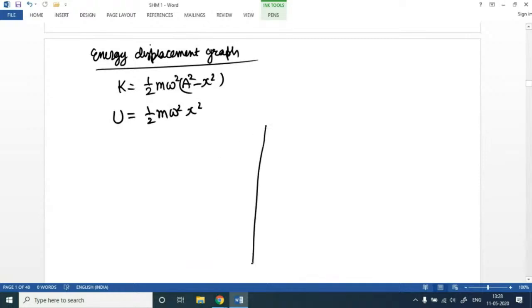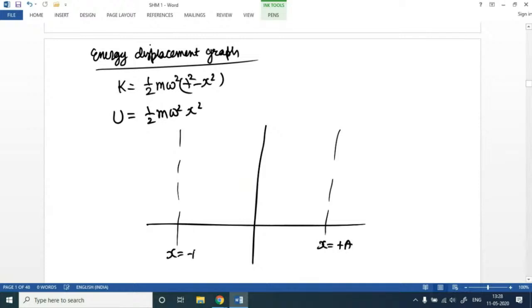So when we will be plotting these graphs, between the two extremes, x is equal to plus A and x is equal to minus A over here, the potential energy graph will look something like this.